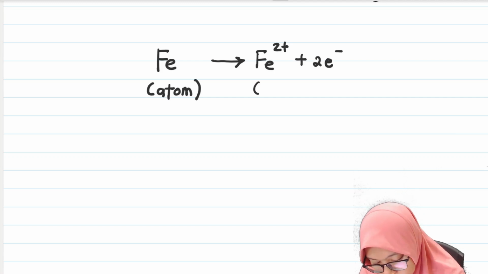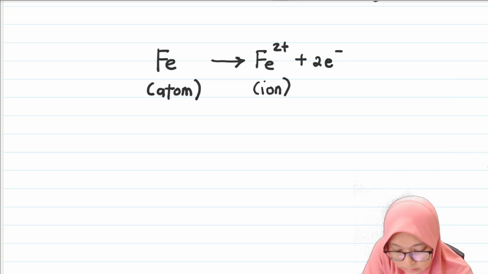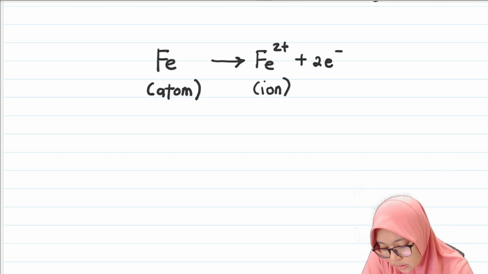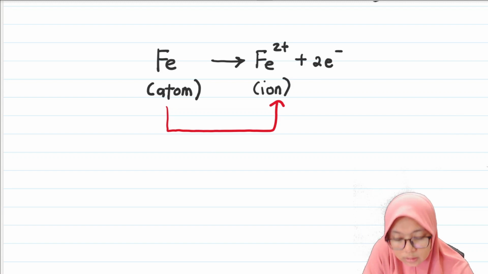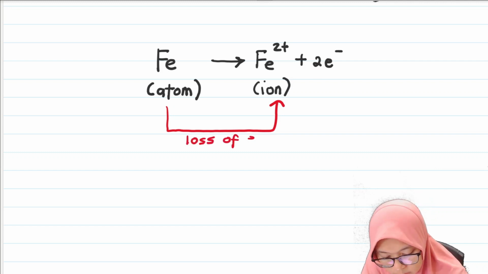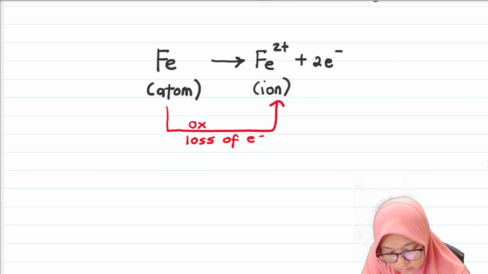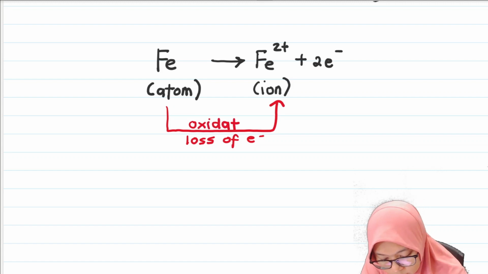So this is iron 2 plus. As you can see, the atom lost electrons. So there is loss of electron there. So this reaction is called oxidation reaction.